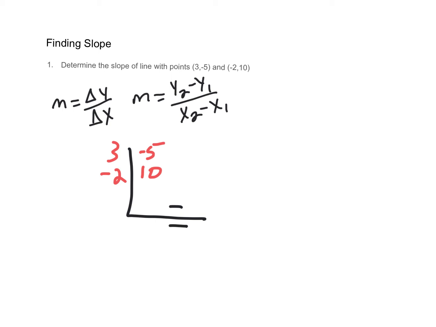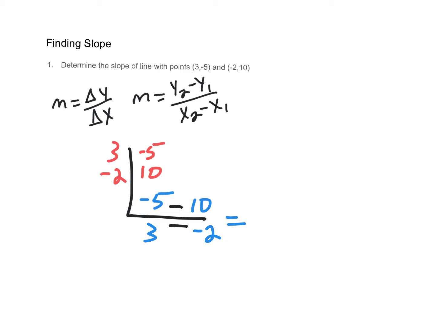All right, so I'm going to change the color, but it's -5 minus 10 for the change in y. And then at the bottom, we have 3 minus -2. So be sure this minus right here is part of the formula. So we're going to have 3 minus -2. And again, I have told you that you can put this in your calculator, which might help you to be sure you get the right answer.